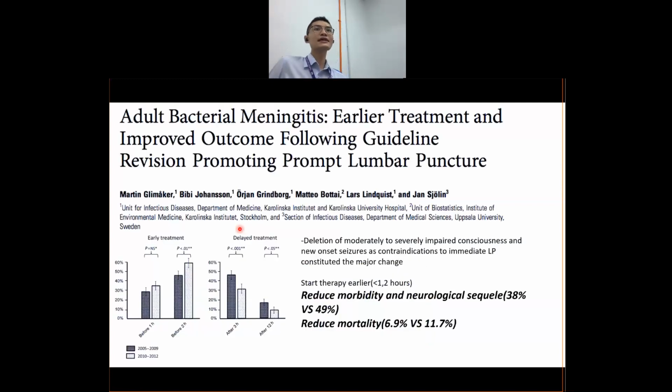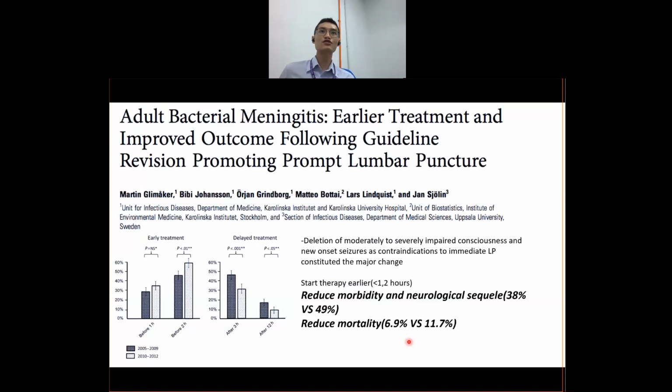Okay, so it is very important to treat bacterial meningitis as early as possible. All right, if you start therapy early within 1 or 2 hours, you can reduce morbidity and also neurological sequelae significantly, and that can translate further down to reduce mortality.